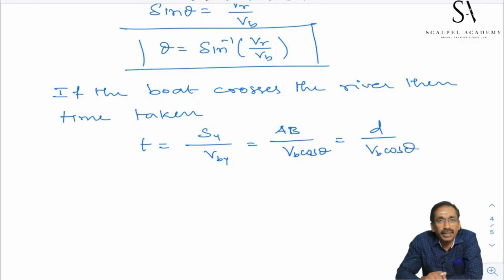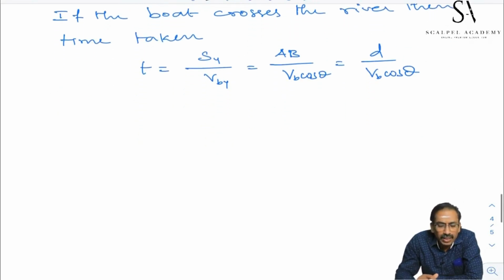This is the time taken by the boat to cross the river if it is rowed at an angle theta. Even if it moves along the AB direction, this is the time taken by the boat to cross the river.